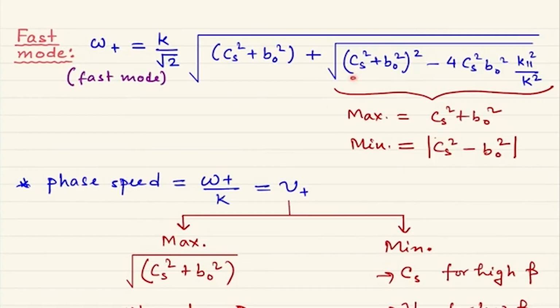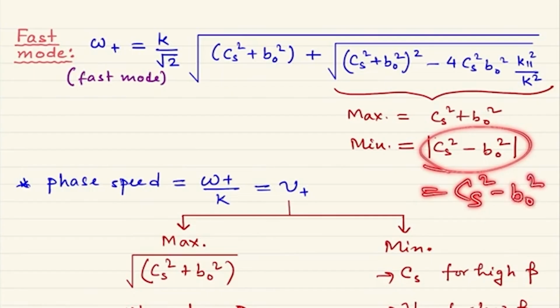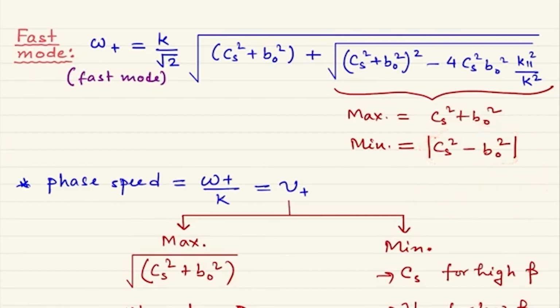Now we don't know which one is greater. If your beta is greater than 1, a big value, then CS is greater than B0, so this should be equal to CS square minus B0 square, taking into account the roots as well.